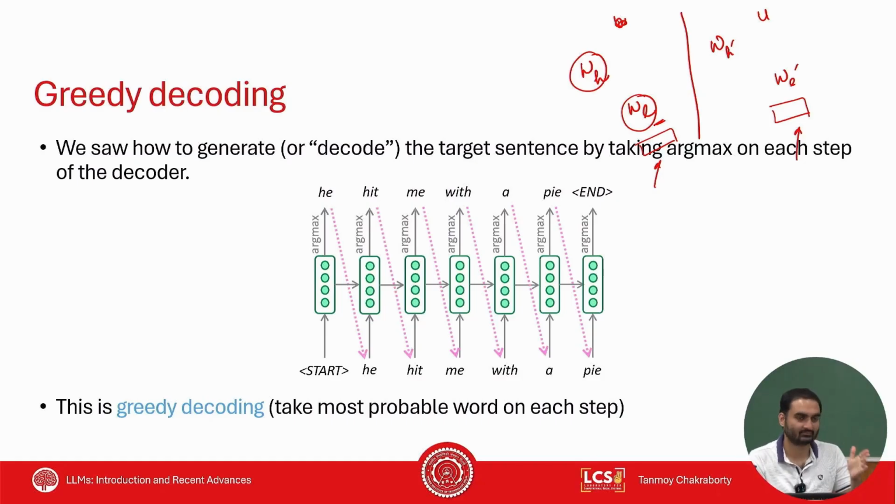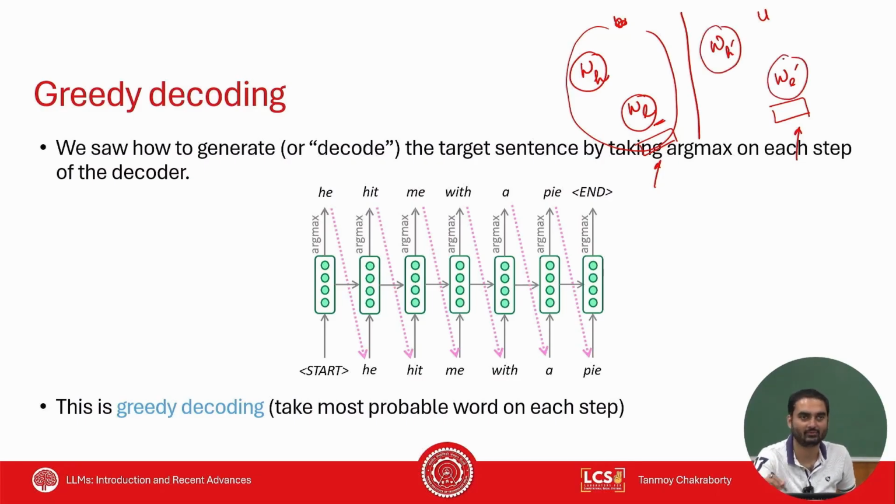We are given the French sentence, we pass it to the encoder, right? We will use these matrices. Using these matrices, we will get the final hidden state of the encoder. That hidden state will be given to the decoder, and in the decoder, I already know WH dash and WE dash, right? So based on that, I will generate the first hidden state of the decoder.